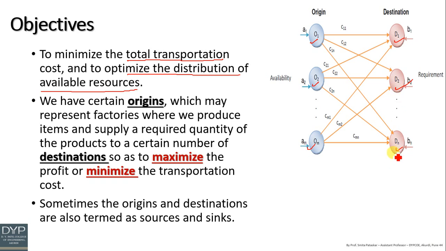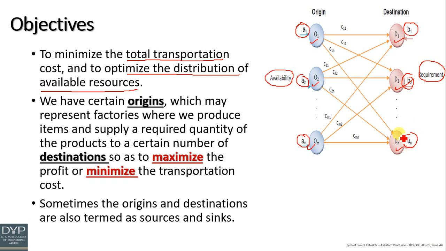These destinations can be the construction plants, the various construction sites, as it is applied for civil engineering. So there is availability of the resources and the requirement of the materials. So there are always the origins and the destinations. The capacity of each plant is given as A1, A2, etc. up to AM, and the destinations are given as B1, B2, etc. up to Bn.